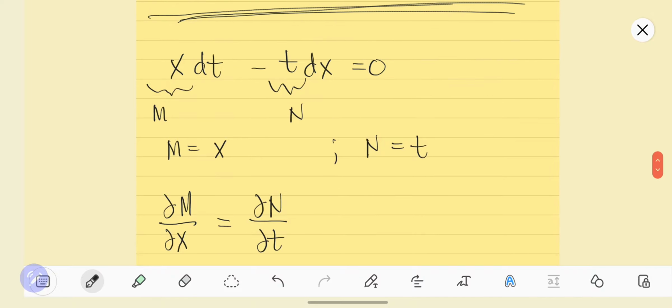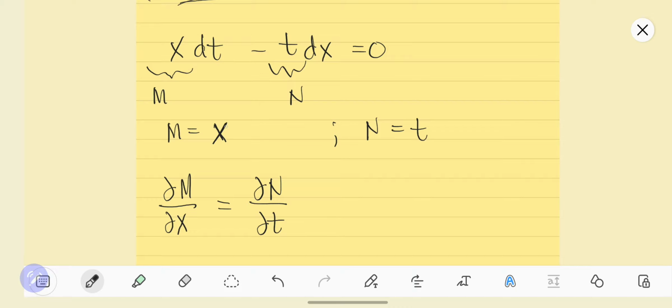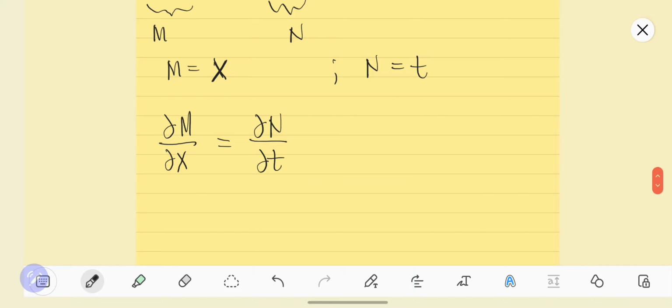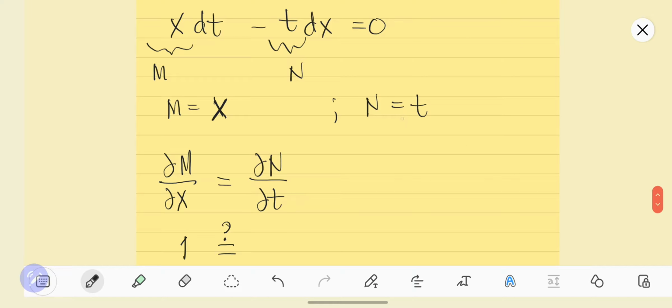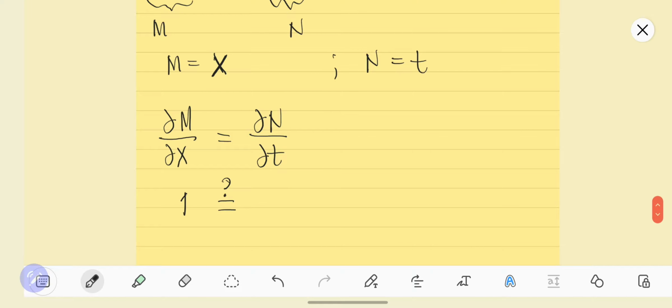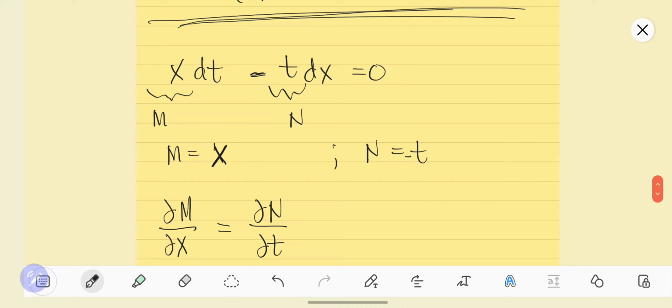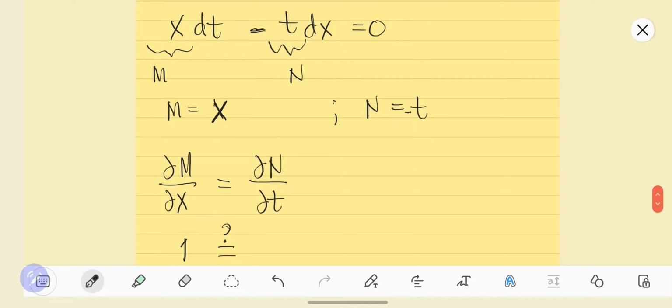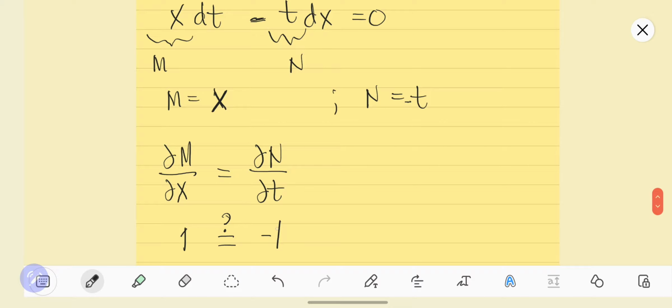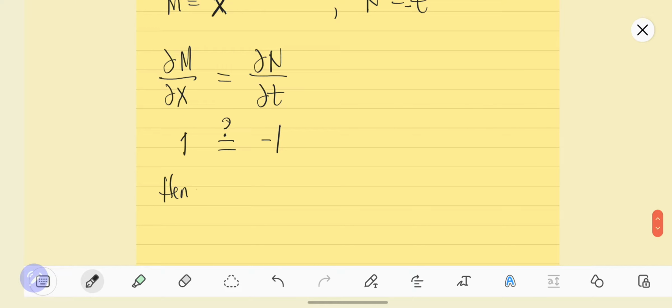The derivative of x is 1. Our N is negative t, so the partial derivative of negative t is negative 1. Hence 1 is not equal to negative 1. Therefore, this is not exact.